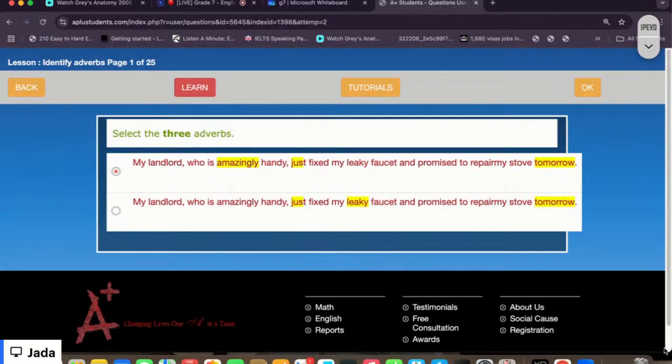We have the first one as the adverb because we have amazingly, just, and then tomorrow.